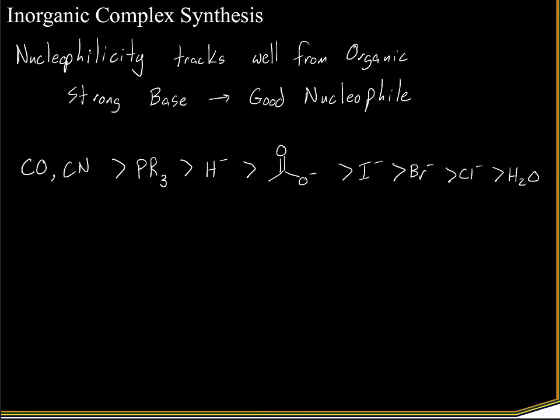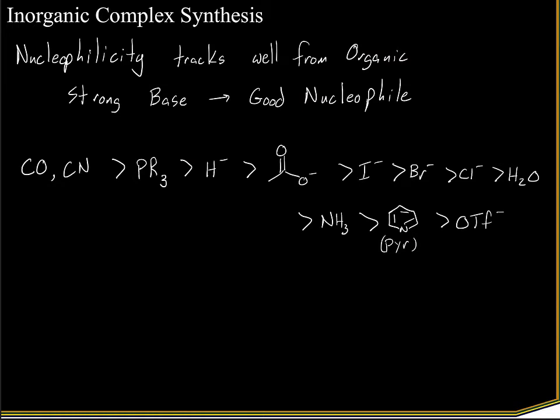And now we're getting down to where we have very poor nucleophiles. Water is better than ammonia, which is better than pyridine. So we remember the structure of pyridine. And pyridine is generally stronger than something like a triflate anion, these extremely weak bases that are down at the end of our nucleophilicity chart.